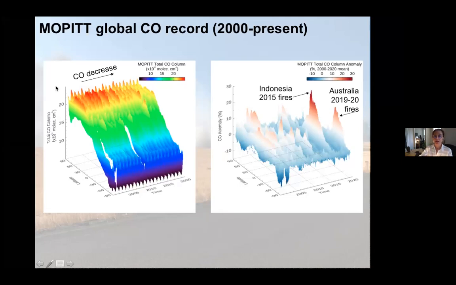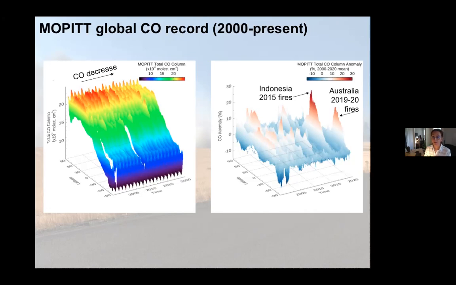You can see again that difference between northern and southern hemisphere. You can see the annual seasonality here, going up and down and up and down, and here even more clearly. And then if you look at the colors up here, you see that at the beginning of the mission, you had mostly reds, and now it's mostly yellows. So that's indicating that there is a general decreasing trend in CO. There is less CO now than there was at the beginning of the MOPITT mission.